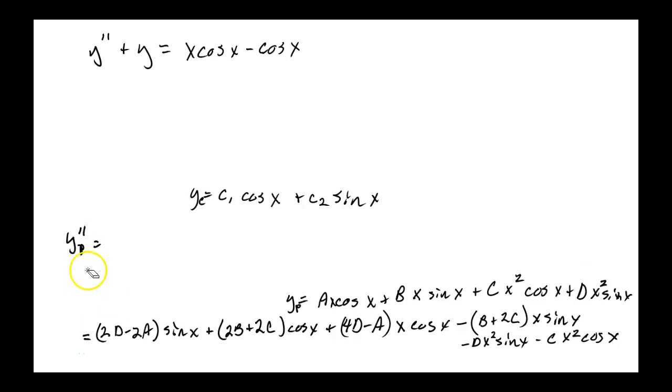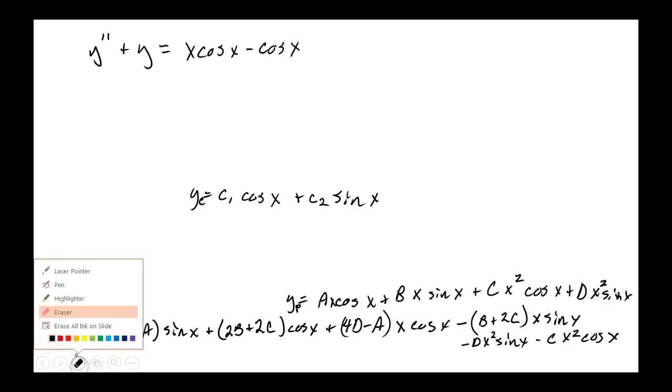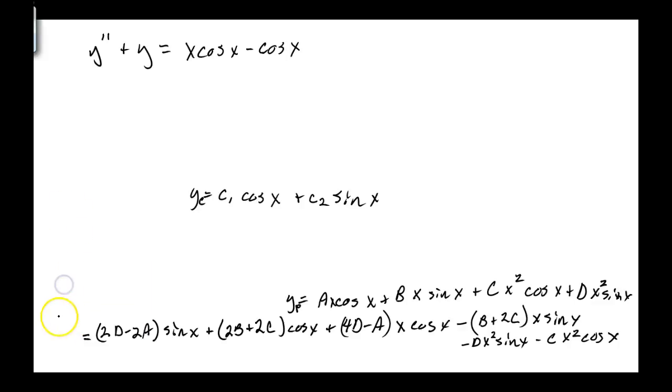Okay, so this is now y double prime. I think I'm just going to take yp double prime off there and write it in here. Yp double prime is that. All right.